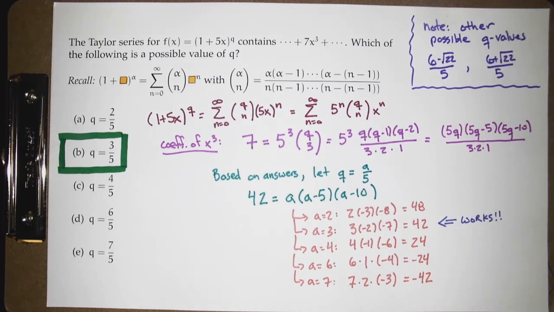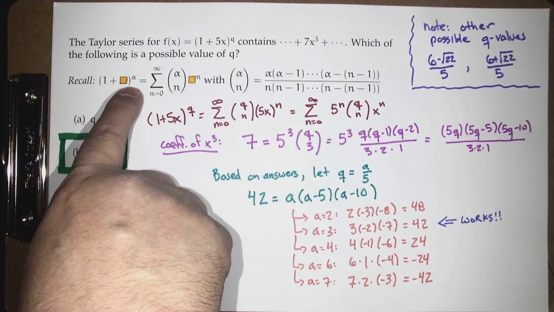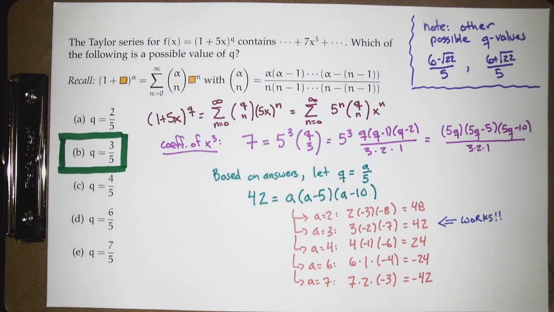Now, this is for general alpha, so there's no restriction on what alpha is. Alpha can be a whole number, a fraction, or an irrational number. They all work. Not a function.